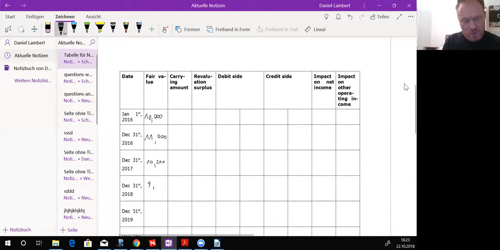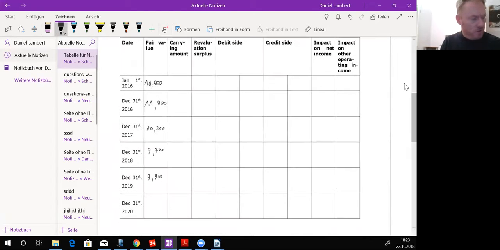It goes further down to 9,700, then 9,900, and at the very end is going to be 10,500. So we need to understand what happens with the carrying amount. What's going to happen with the carrying amount? And that is this. First, the carrying amount is equal to 10,000 euros, of course.